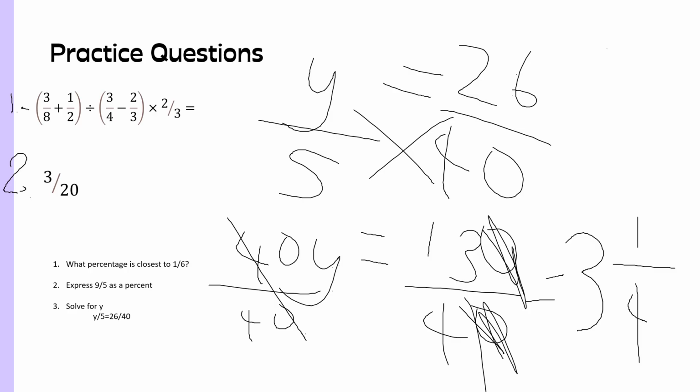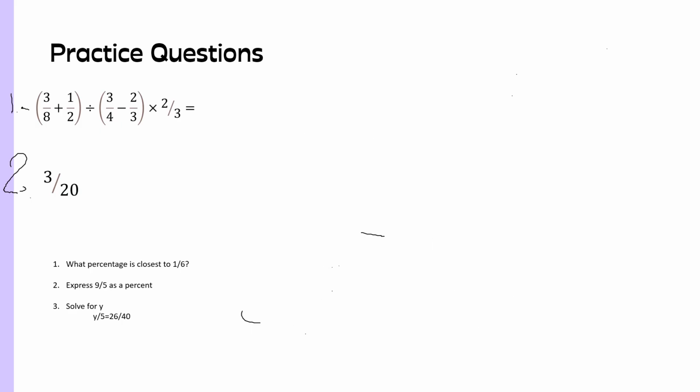Okay. So let's do another one. Let's do 2 and 2/3 divided by 1 over 3. How would you solve this?